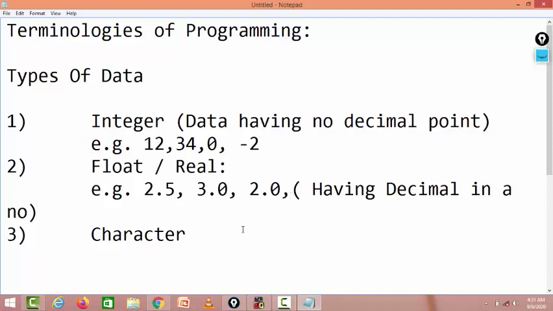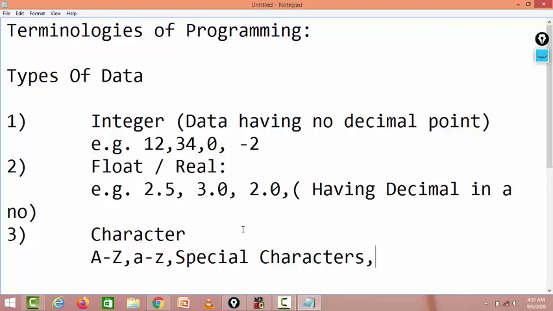Now moving towards the third type of data, that is the character data. So basically characters, if I explain to you: A to Z, small a to z, special characters, all the symbols, इसको हम symbols भी कह सकते हैं.